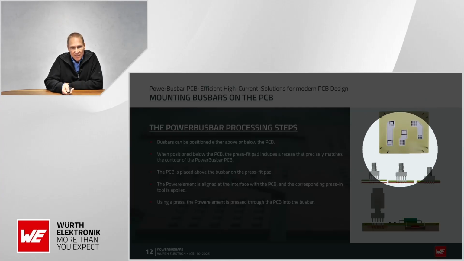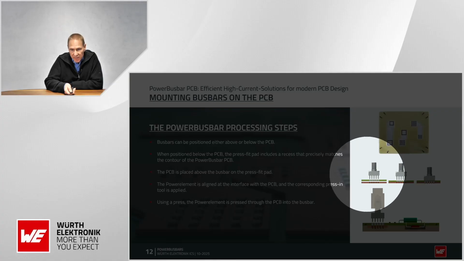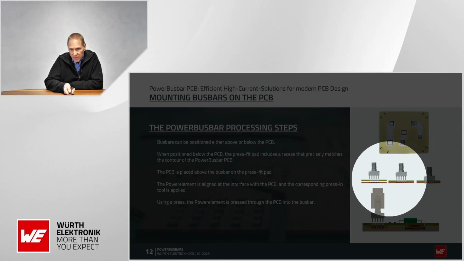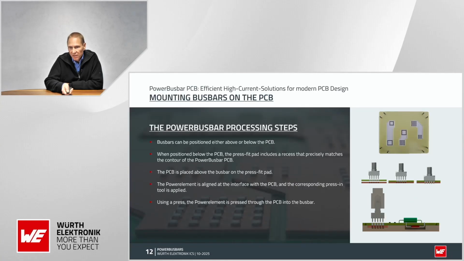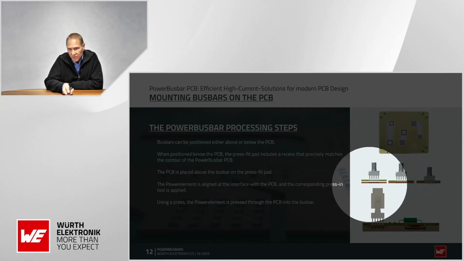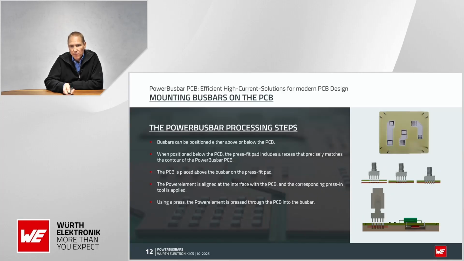Then the PCB is placed over the bus bar on the press fit pad, and the power element is aligned with the interface of the PCB, and the suitable press-in tool is applied on the power element.